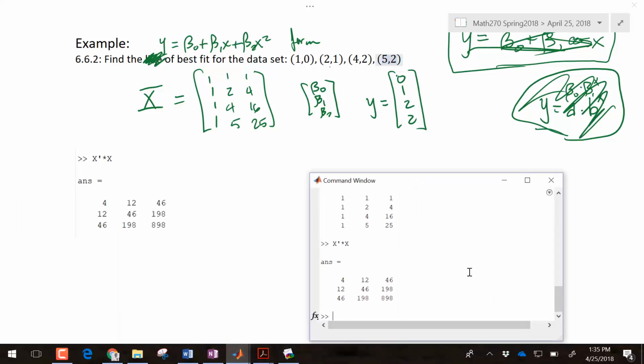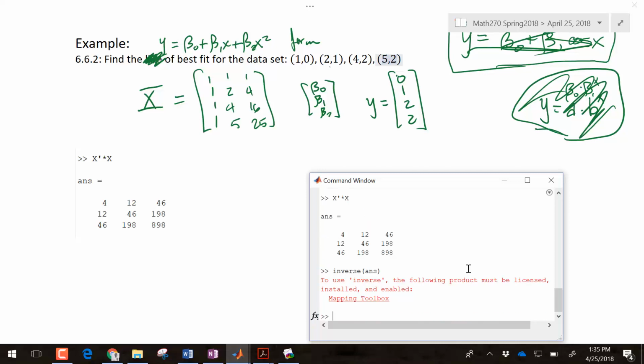You can probably do all this in one shot, but of course. Inverse.